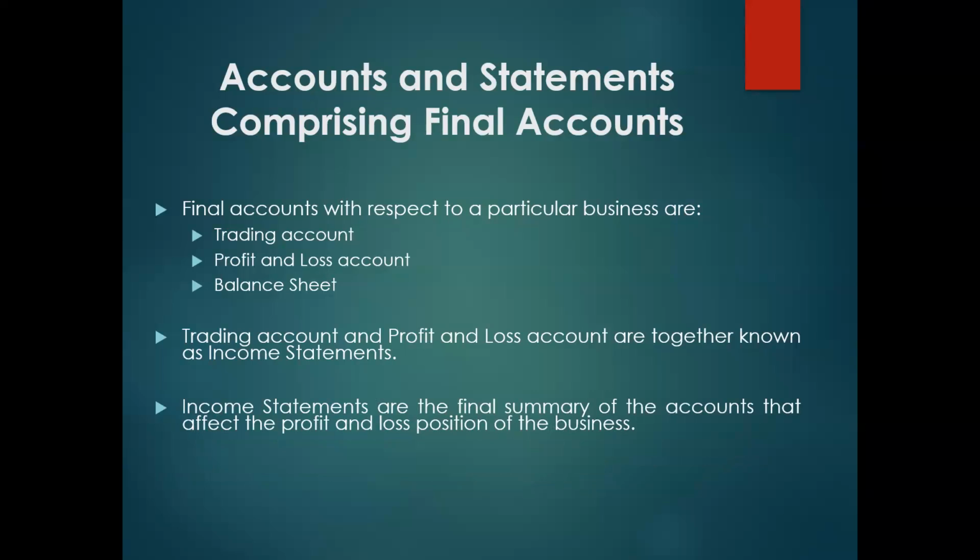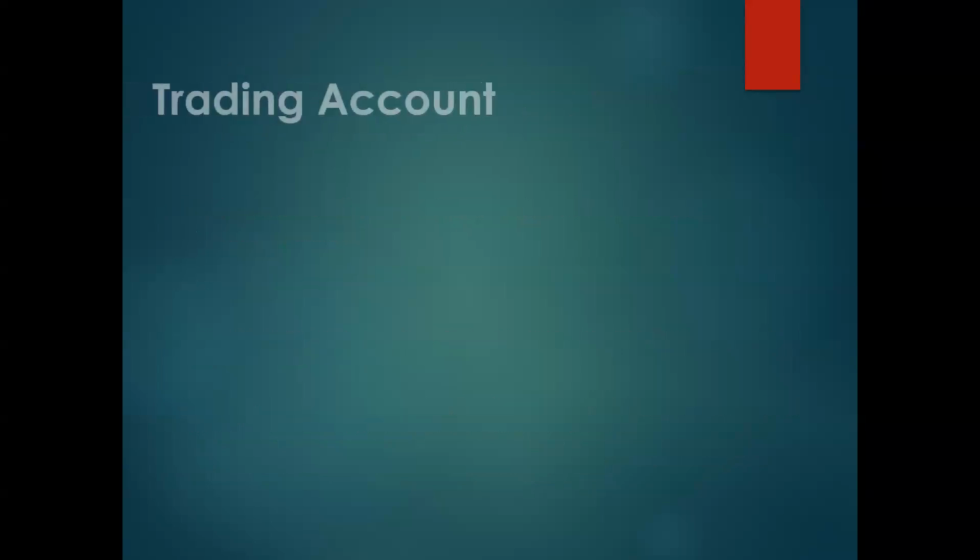If the company wants to know only whether it is running at a profit or a loss, these accounts can be prepared at any stage of the business. You don't have to wait till the end of the accounting period. But for preparing the balance sheet, you have to wait till the end of the accounting period.